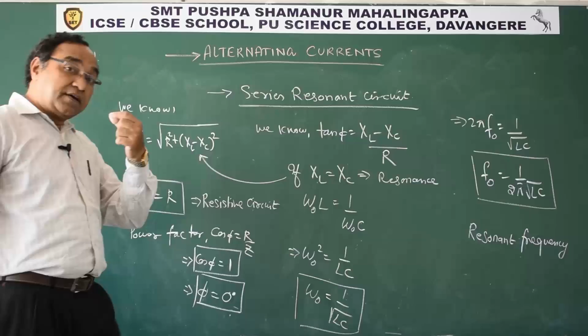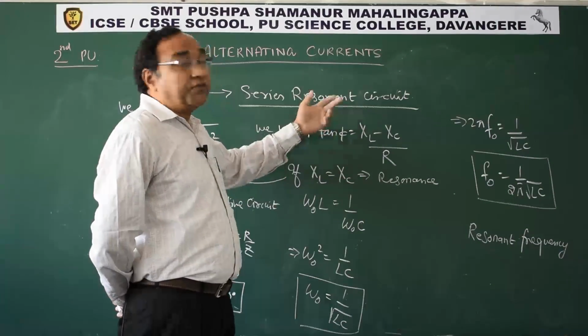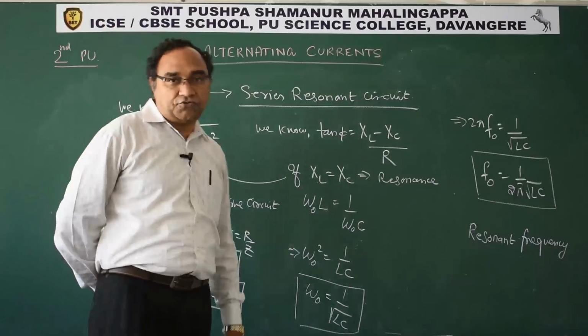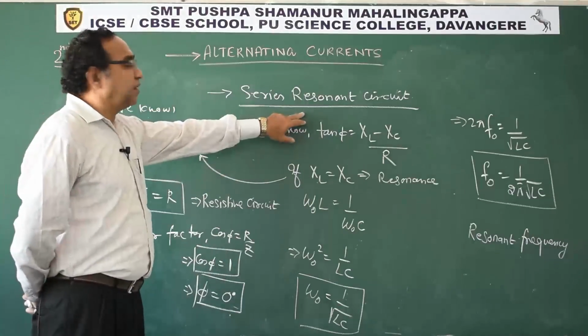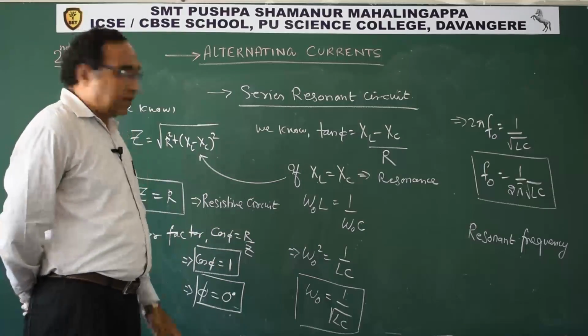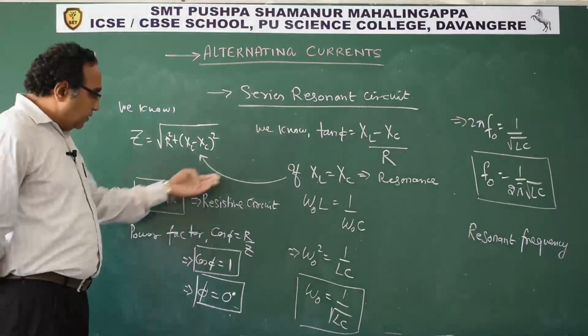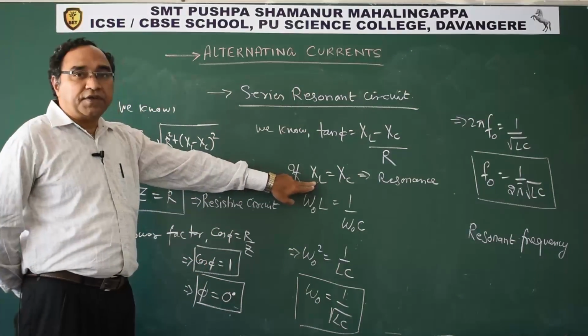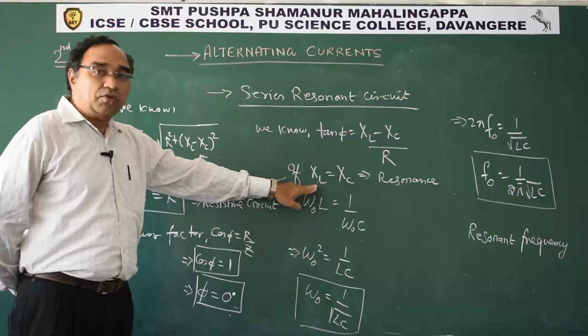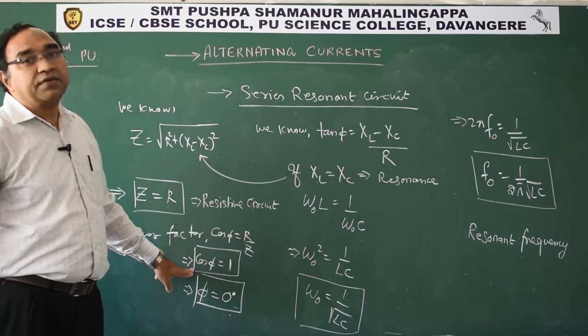See, so these are the ways by which series resonance, I can avoid the word resonance in the question, because the moment the word resonance appears, you know what kind of circuit it is. That is why, remember, if XL is equal to XC, then Z is equal to R. If XL equal to XC, then cos phi is 1.